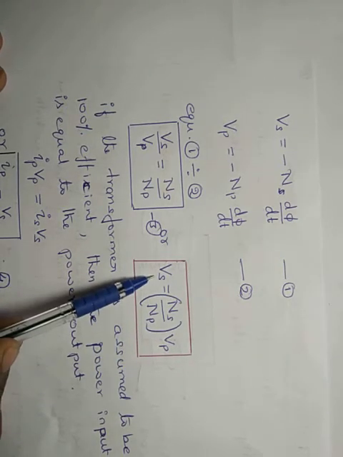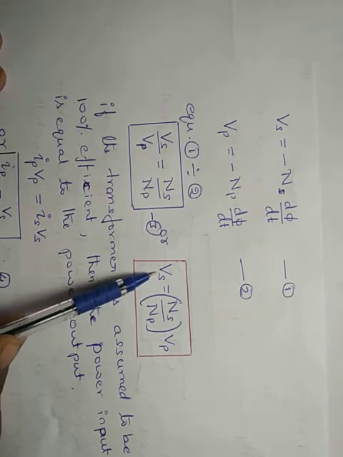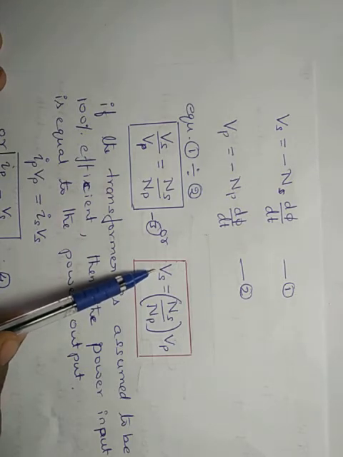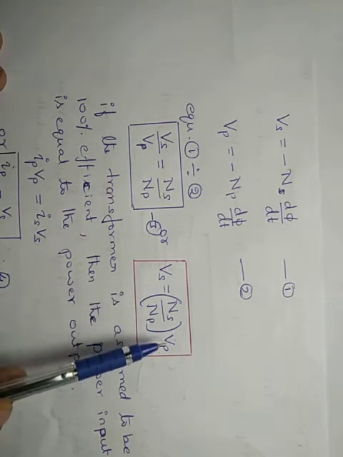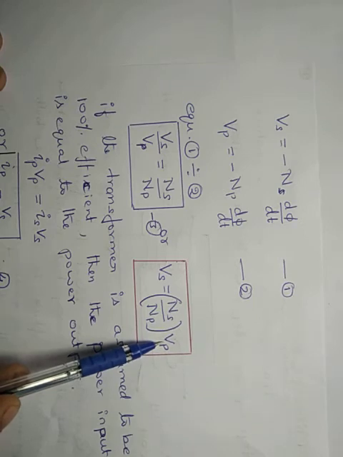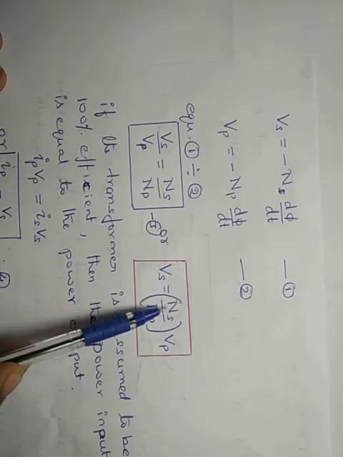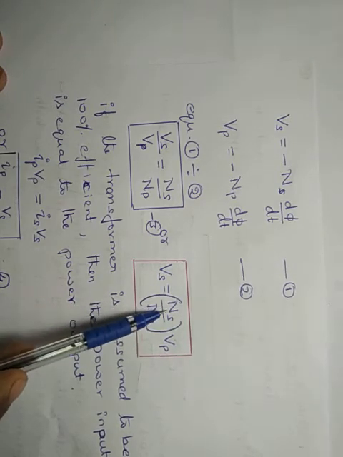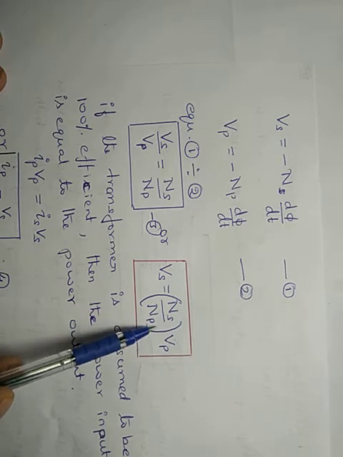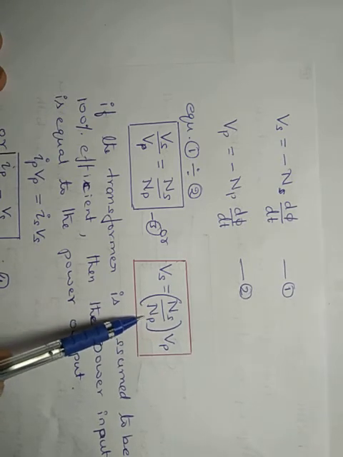What is Vs? That is the voltage across the secondary, that is the output part. Vp is the input voltage, but how can we increase the voltage across the secondary? See here, what is Ns? That is the number of turns in the secondary. What is Np? The number of turns in the primary.